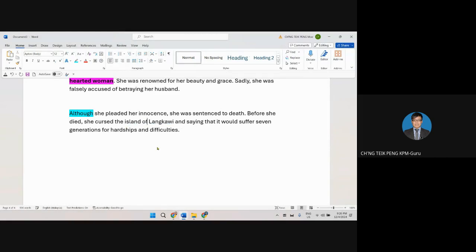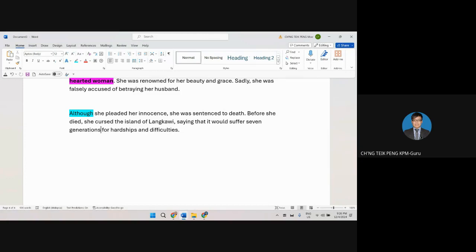The island of Langkawi, and saying that, no, we don't use an ing. You use comma ing to talk about at the same time. Saying that it would suffer 7 generations for hardships and difficulties is not correct. After suffer, you must state the source of the suffering. What word do we use for source?